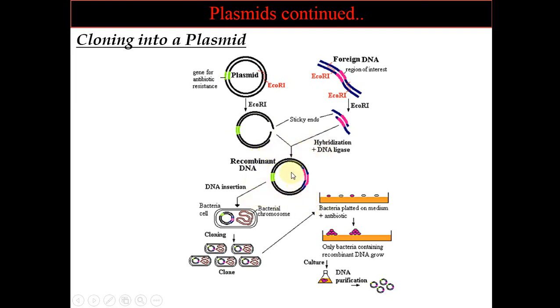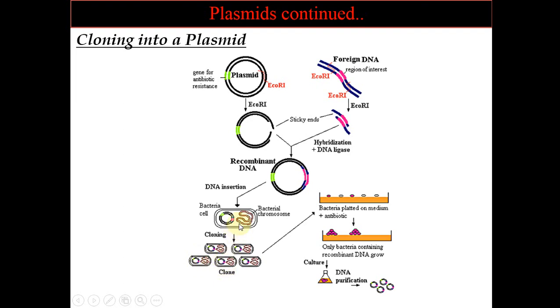Okay, then this recombinant DNA is inserted into a host organism. Now inside this host, this vector recombinant DNA replicates like a plasmid and generates multiple copies of it per cell.